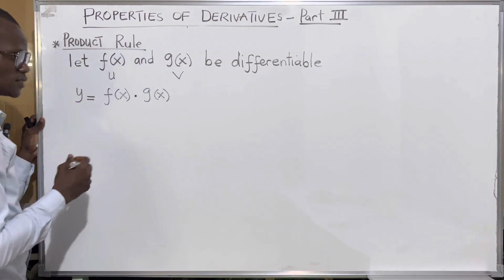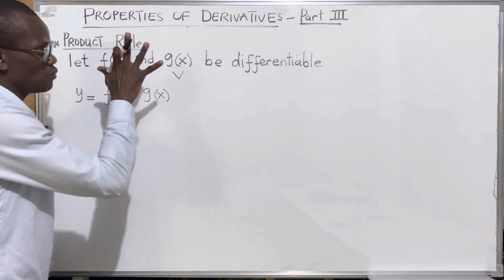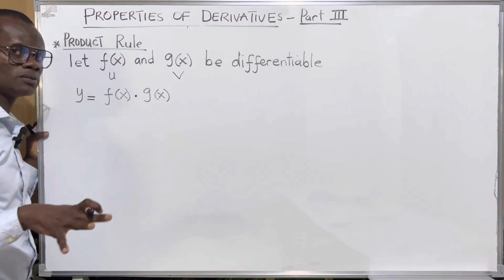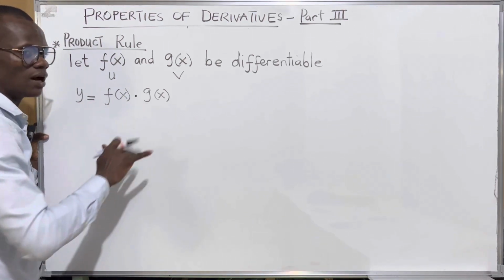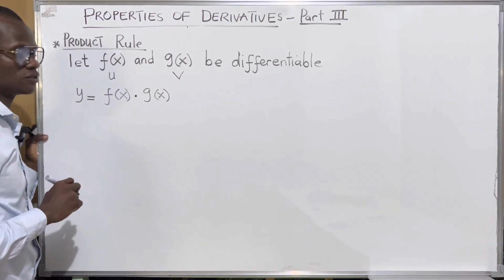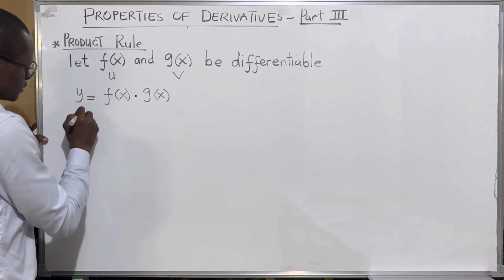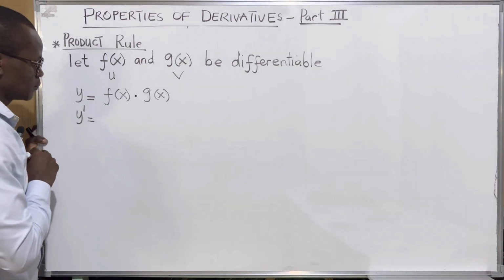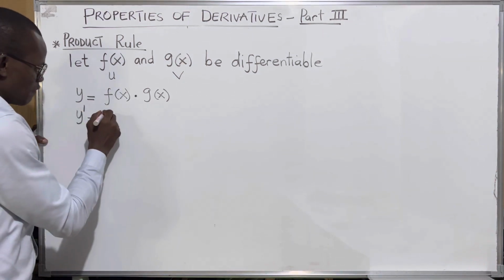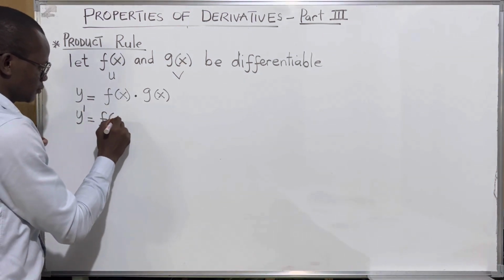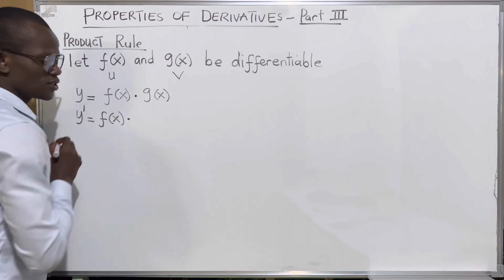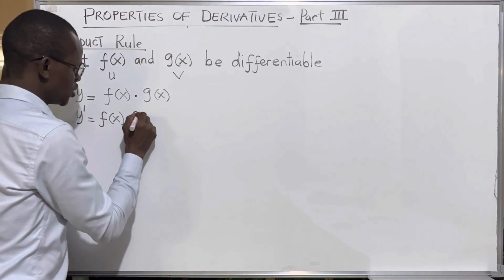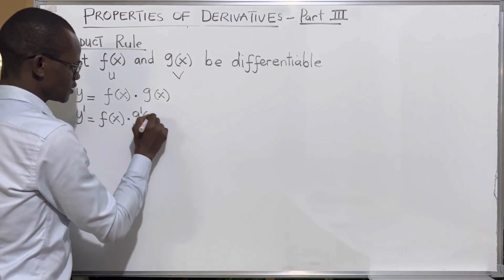So the rule says, and if you check the previous video where we derived it using the first principle of derivative, you will see how it was easily derived. So the rule says y prime would just be equal to f of x times g prime of x.